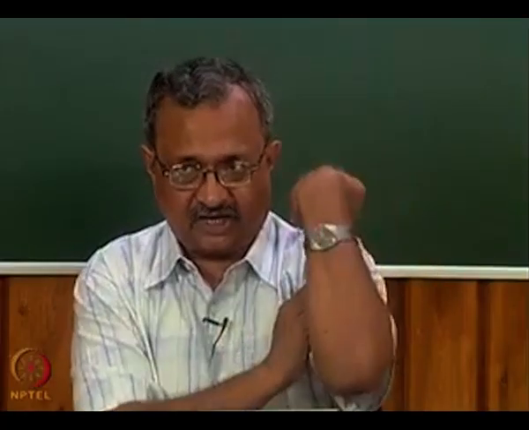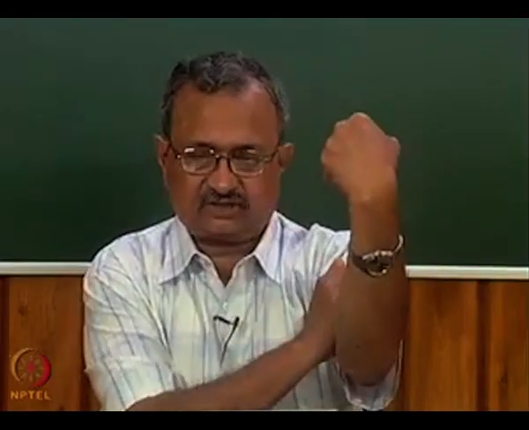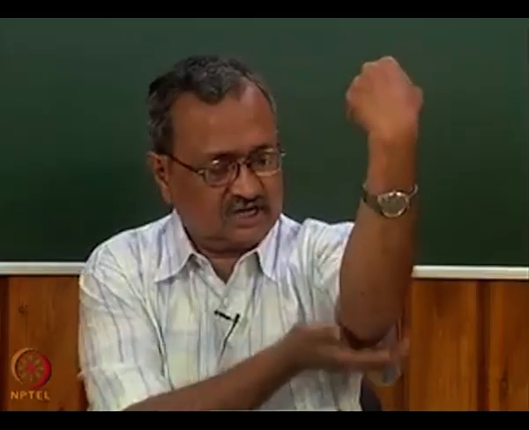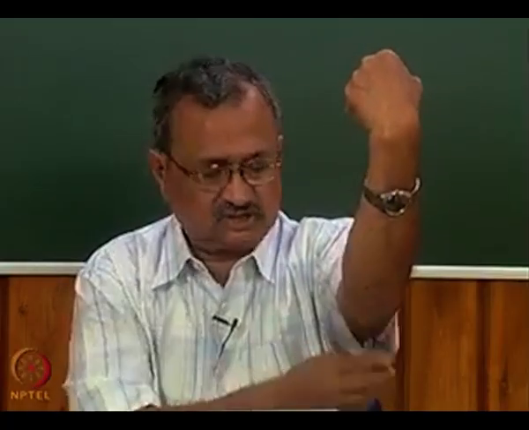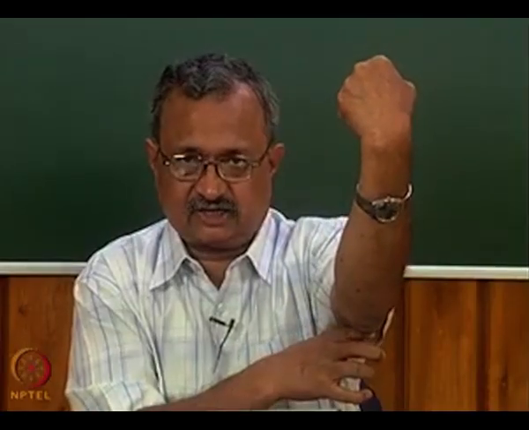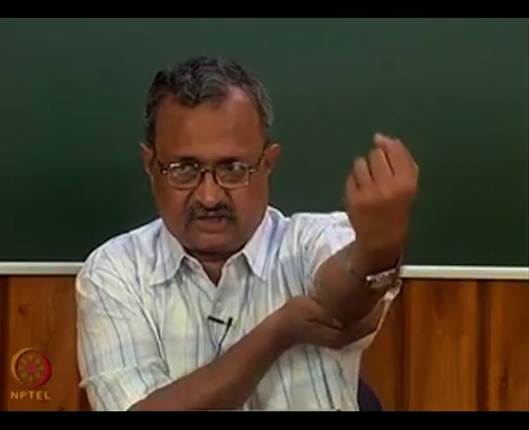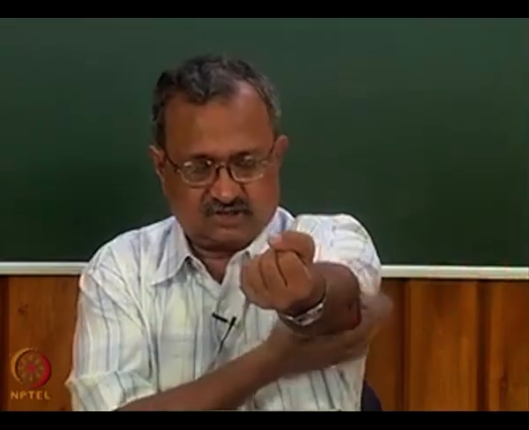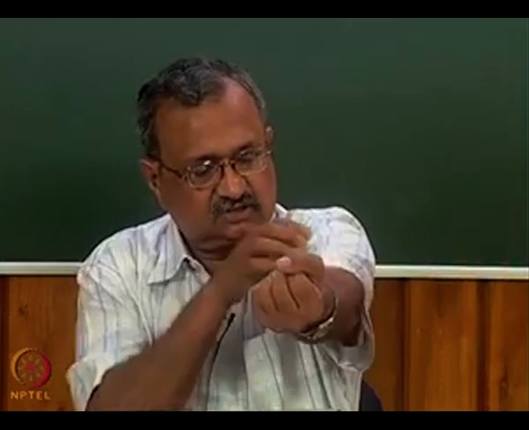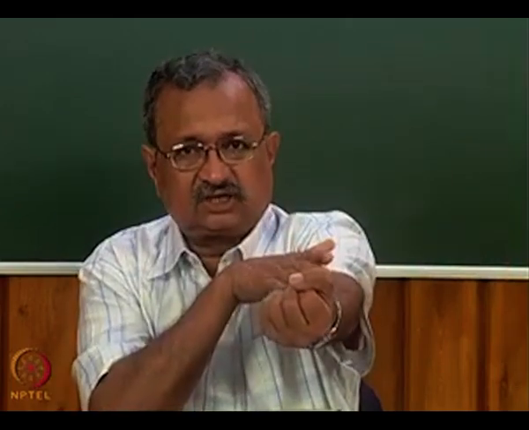When we flex something, the flexor muscle contracts, and at the same time the opposite muscle, the extensor muscle, gets relaxed or extended. When we make the extension movement, then the extensor muscle contracts and the flexor muscle relaxes.